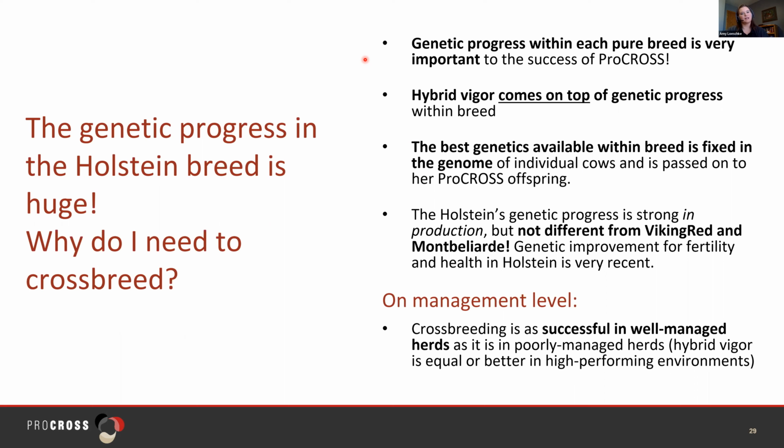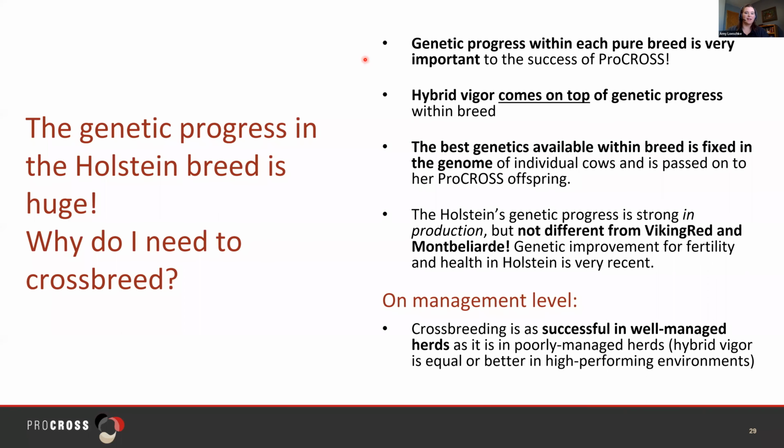When you add in those ideas with this management component level, yes, we also need to do a good job managing all breeds, including ProCROSS, in well-managed herds. That's part of the equation too. So what I'm saying here is ProCROSS is not a Band-Aid for poor management.